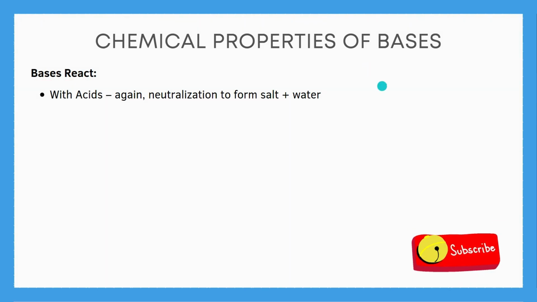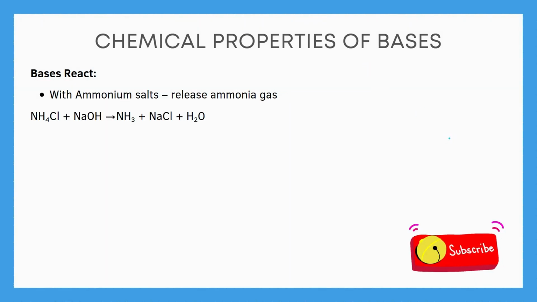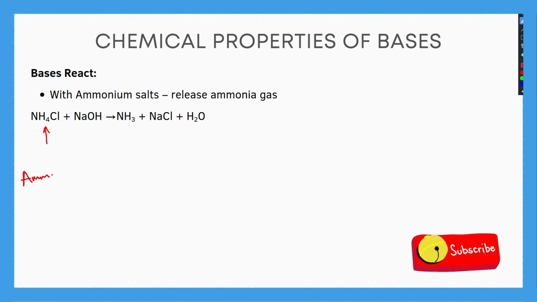It's a neutralization reaction. A base as well reacts with ammonium salt to release ammonia gas. Now, this is ammonium chloride. That's the name of this chemical compound that I just labeled. And this is a base, sodium hydroxide.